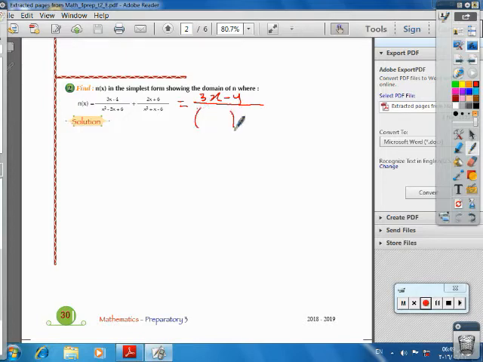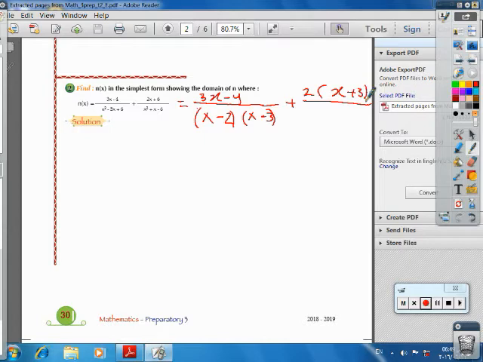Two brackets, x and x, and negative 2, negative 3. Plus, in the numerator we can take the HCF 2, then 2x divided by 2 equals x, 6 divided by 2 equals 3.